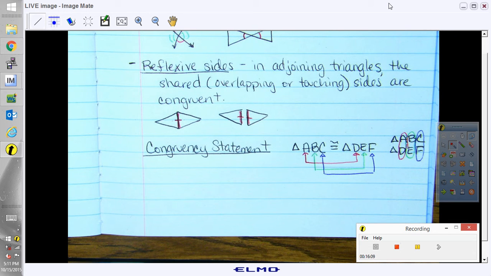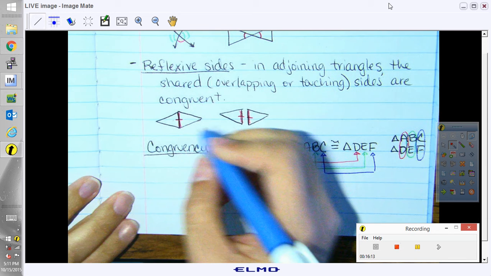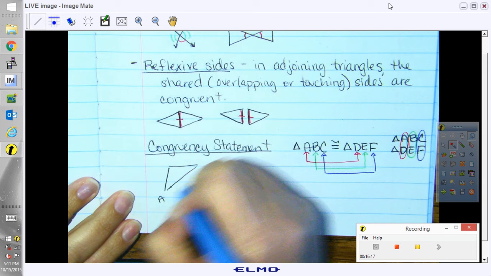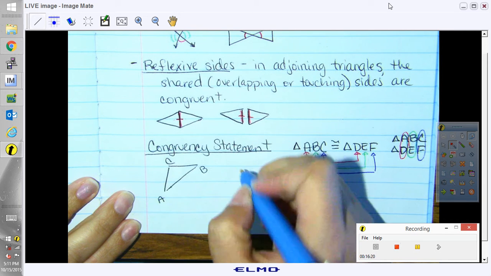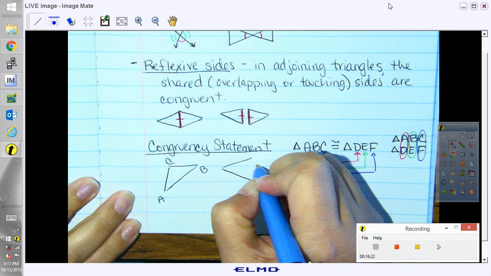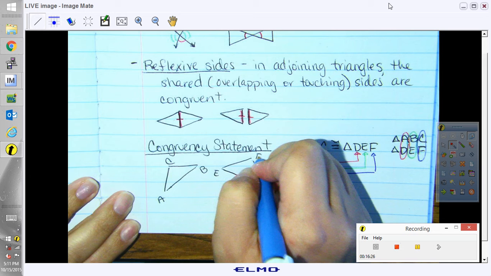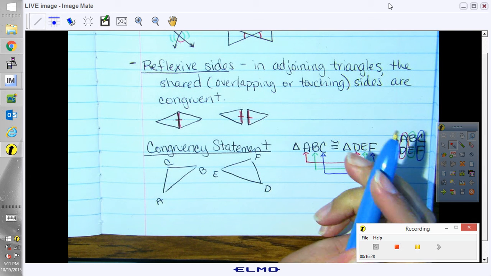So let's draw a picture and see what that looks like. If I have a triangle, and this is going to be A, B, C, and then some other triangle, this is D, E, F. What kind of angle marks, arc marks, do I need to make to show that these are congruent?